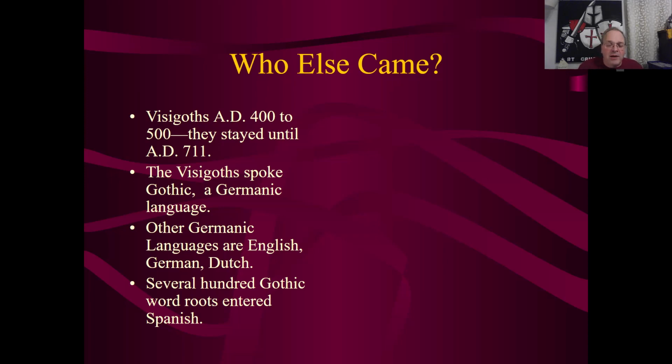Then the Visigoths started coming from the 400s to 500s, speaking a different kind of language. Germanic languages were not based on Latin, but while they were there speaking their language, there was contact with the people, and we ended up with several hundred Gothic word roots entering the language, and they are now, to this day, a part of modern Spanish.